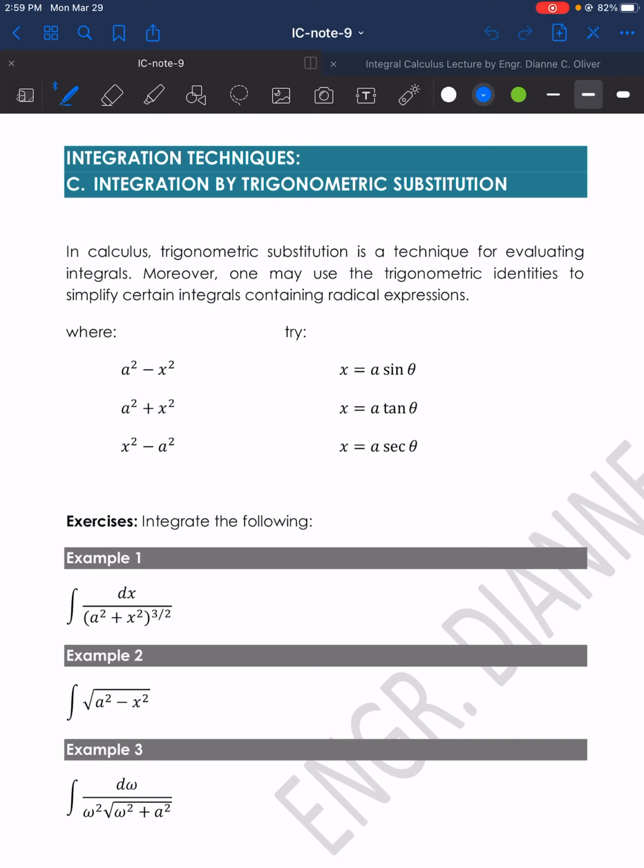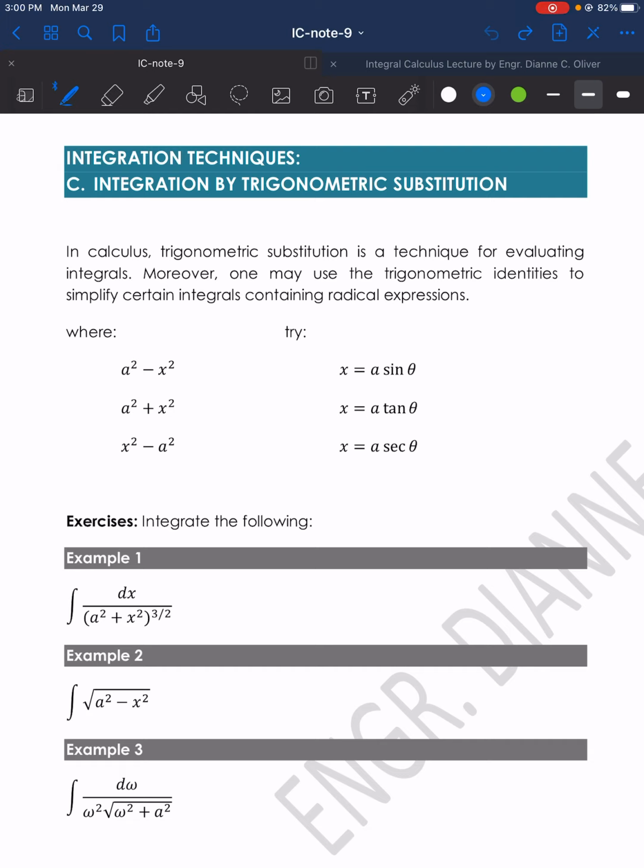In calculus, trigonometric substitution is a technique for evaluating integrals. Moreover, one may use the trigonometric identities to simplify certain integrals containing radical expressions. Now, when the integral has a squared minus x squared, we will try x is equal to a sine theta.